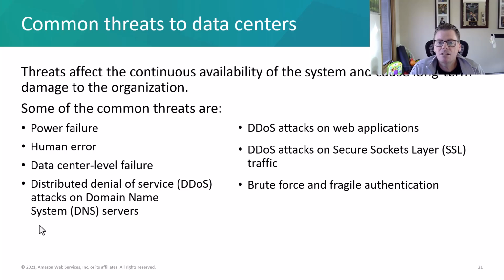A DDoS attack, distributed denial of service, significantly will impact a data center because it is the traffic that comes in and out of the data center which makes the data center effective. So a DDoS attack at any layer can cause a significant problem with the systems. And then we'll talk a bit about brute force attacks and fragile authentication.